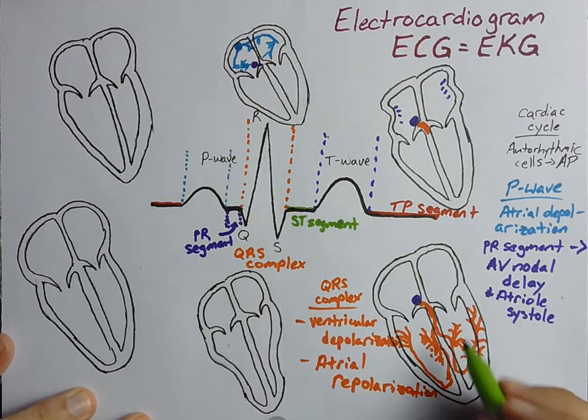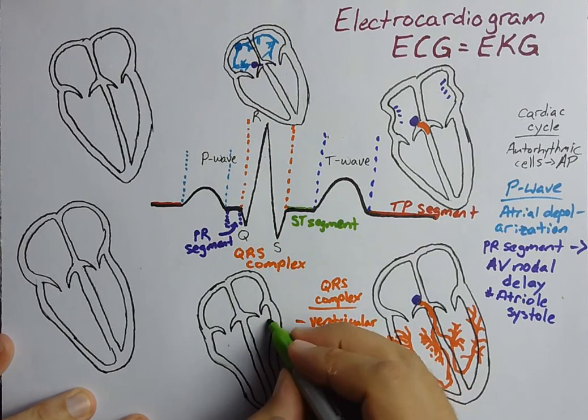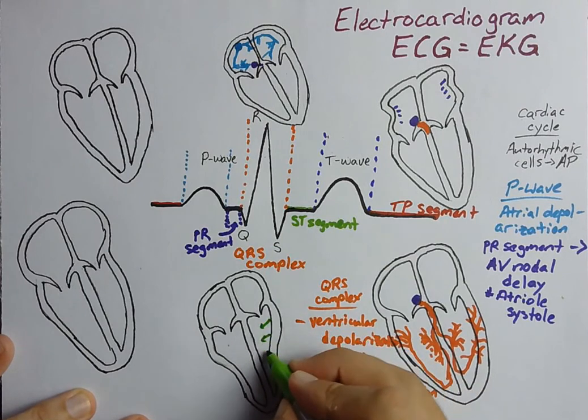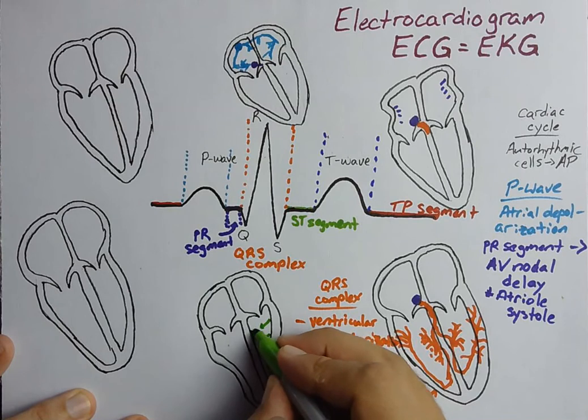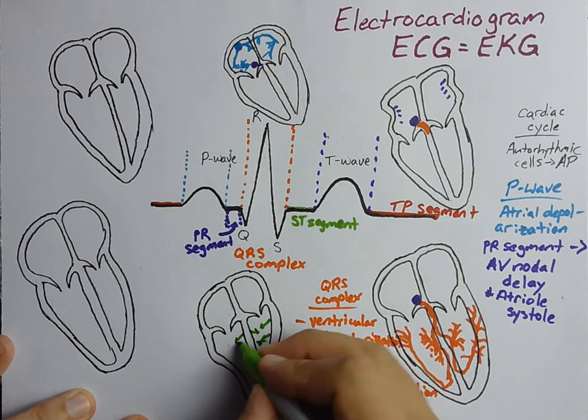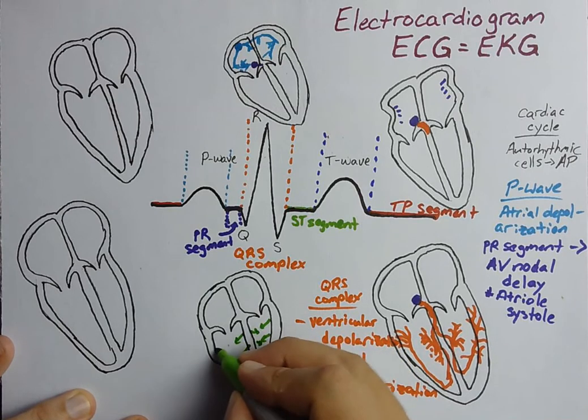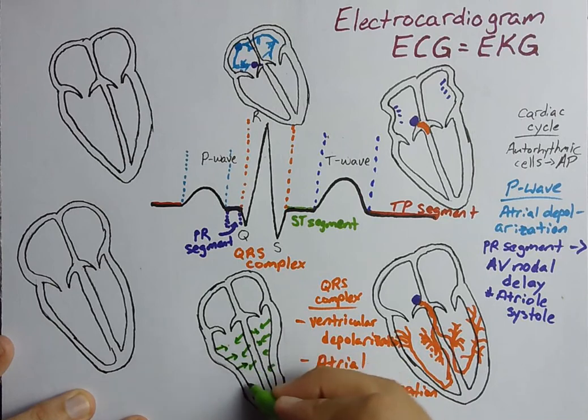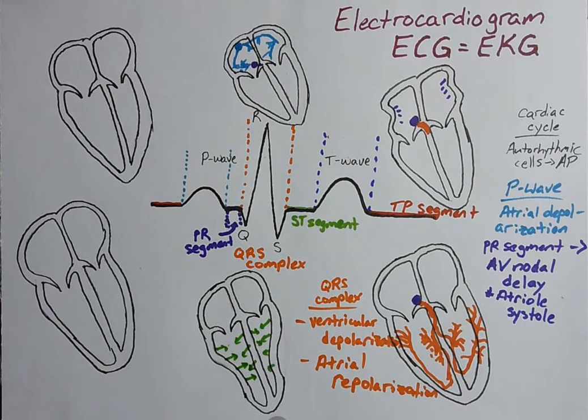Okay? Depolarization's already occurred, and now these muscle tissues are contracting, right? They are contracting, and they are going to be moving blood out of the heart during this time.